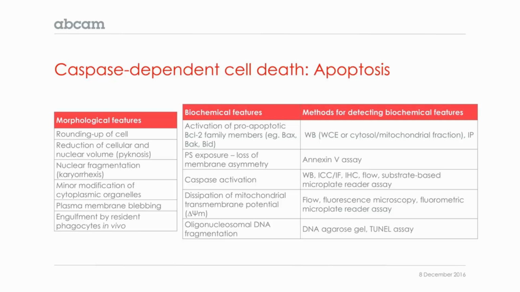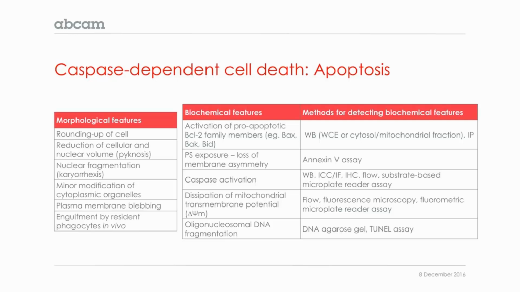However, as morphological features can be shared by various different types of cell death, as we will see in later slides, apoptosis is better defined by biochemical features such as activation of pro-apoptotic BCL2 family members, caspase activation, and oligonucleosomal DNA fragmentation.